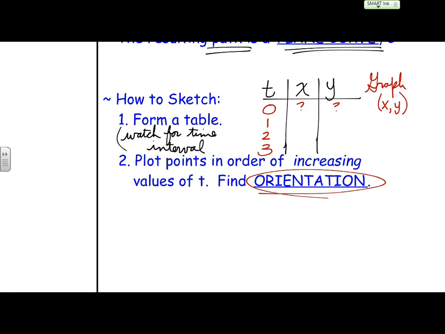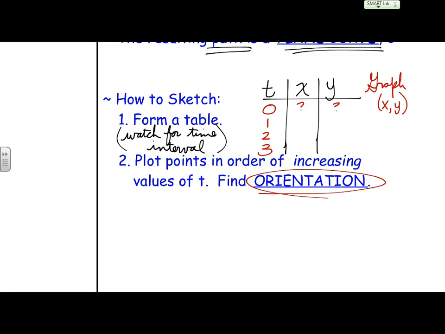Sometimes they're just natural to the problem at hand, like if you're launching something from the ground, time is going to equal 0 and go until the object hits the ground again, then time will stop. But if it's not some sort of practical real-life example, then they'll probably just give you a place to start time and a place to end time.